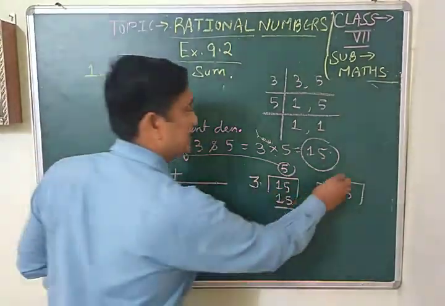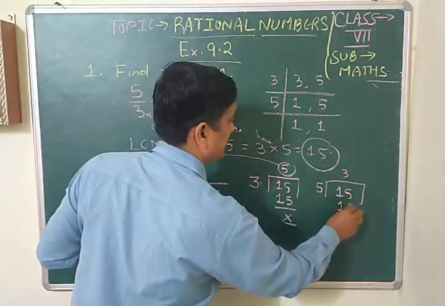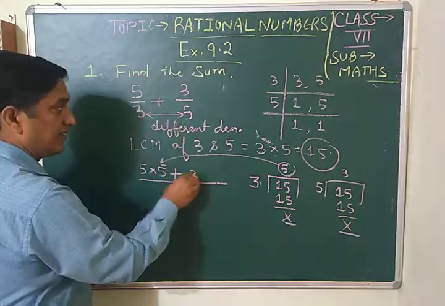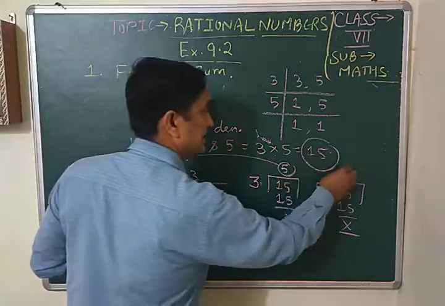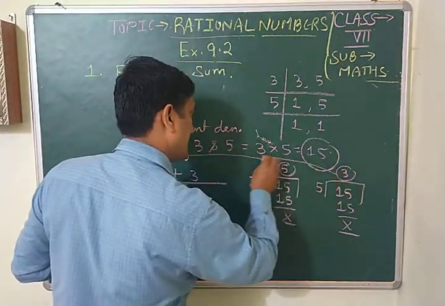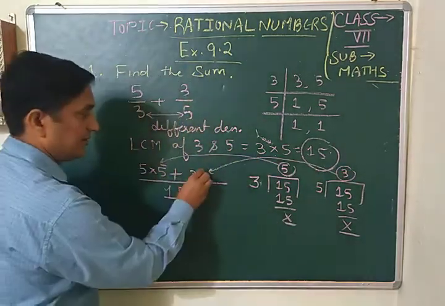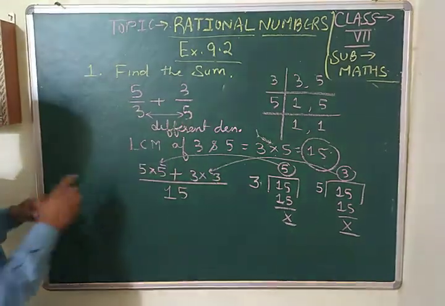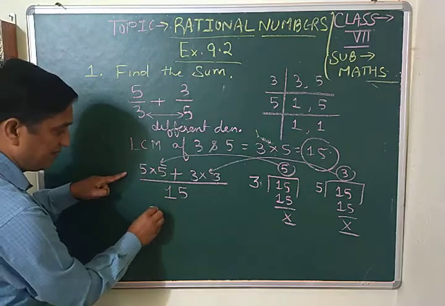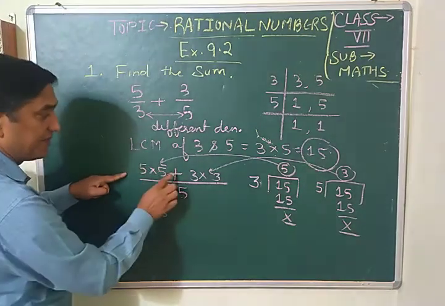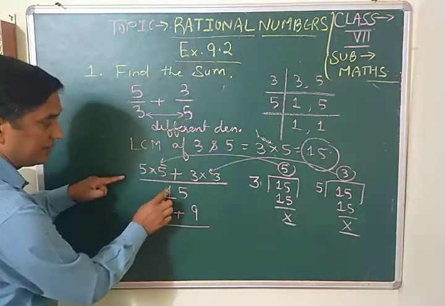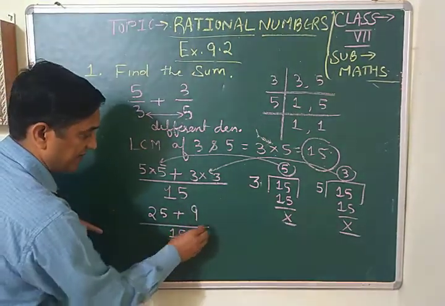Now 5 3s are 15. Numerator is 3, multiplied by the quotient of the second division, that is 3. Now children, multiply. 5 5s are 25 plus 3 3s are 9 upon this 15 as it is.